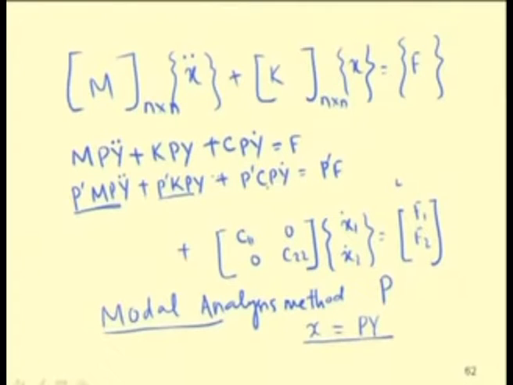In that case, this damping matrix can be written in terms of the mass matrix and the stiffness matrix. So, the whole system can be reduced to a diagonal mass matrix, diagonal stiffness matrix and diagonal damping matrix. The equations will be uncoupled and these uncoupled equations can be used to find the solution of the system.